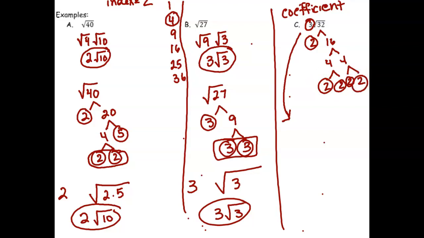Okay, so if I look at this, on the outside we have our 3, so we're going to say 3 times, and we're going to look for our pairs of 2's. We have 1 pair of 2, then we have another pair of 2. And then we look at what's left over, which would go on the inside. There's our 2. So 3 times 2 is going to be 6. 6 times 2 is going to be 12. So my final answer would be 12 radical 2.